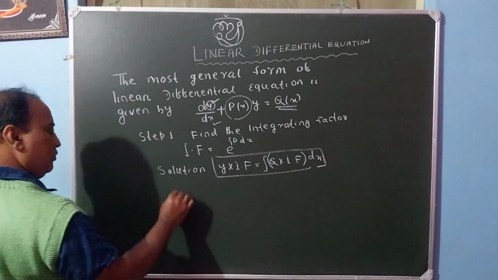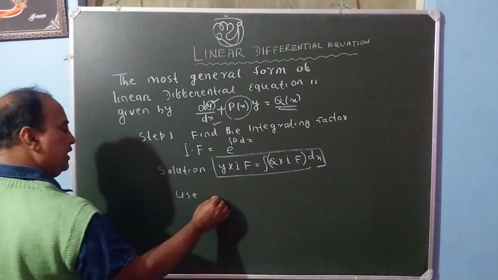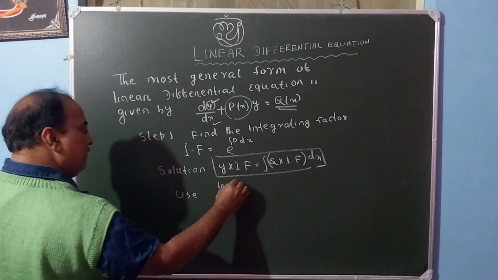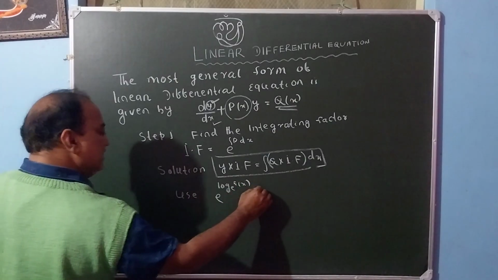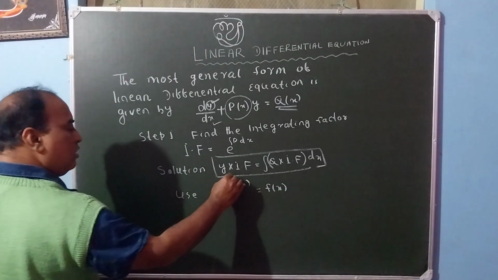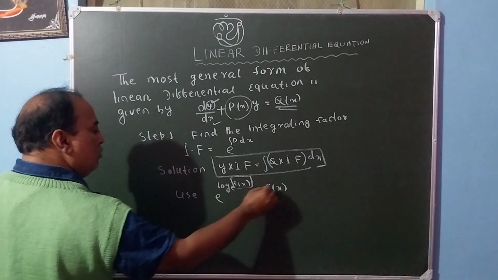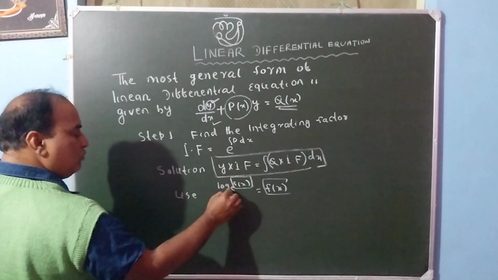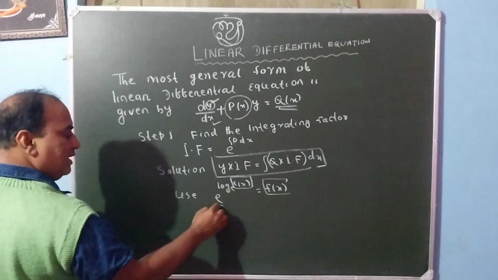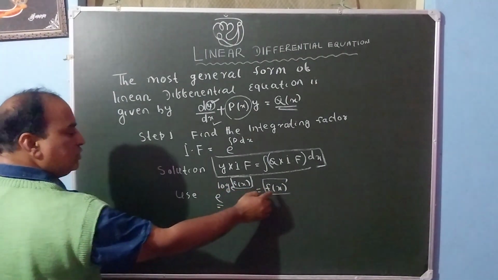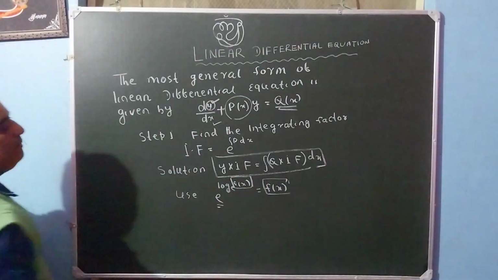Use e to the power log_e f(x) is equal to f(x) when necessary. For example, e to the power log x is equal to x. Here the base is e, and here it is also base e. So e to the power log x is equal to x. You have to use it.